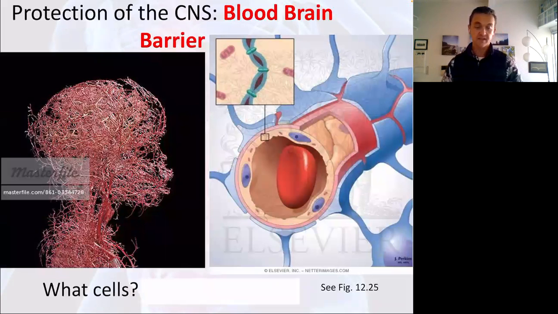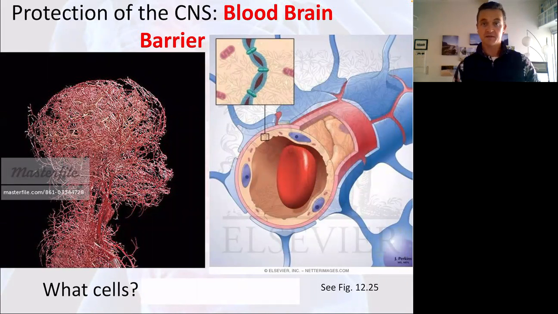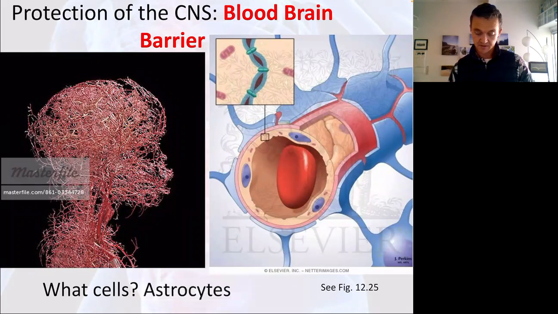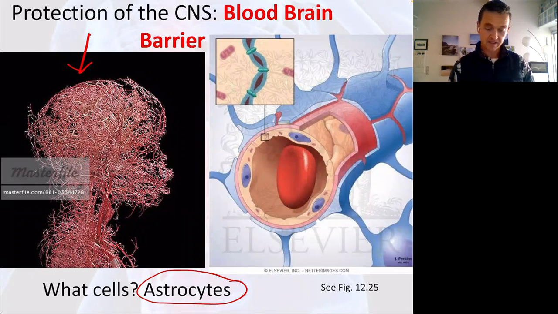All right, and then lastly, the blood-brain barrier is an important protective piece to the brain. And as we talked about before, the glial cells that help us do this are those astrocytes, right? So it's kind of this almost oxymoron that there's no blood in the brain, right? When you look at an image of somebody, this is a cool image, it's all blood vessels, right?